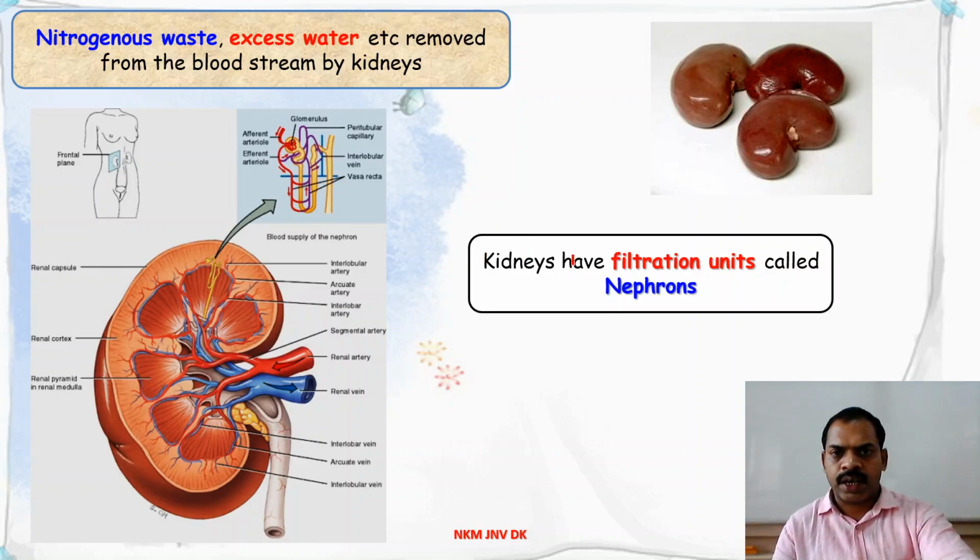That is what is called: the kidney has filtration units called nephrons. So these are the nephrons. You can see the filtration unit shown here, the yellow color two blood structures. It's a part of the kidney. It is continuously connected with the blood capillaries.